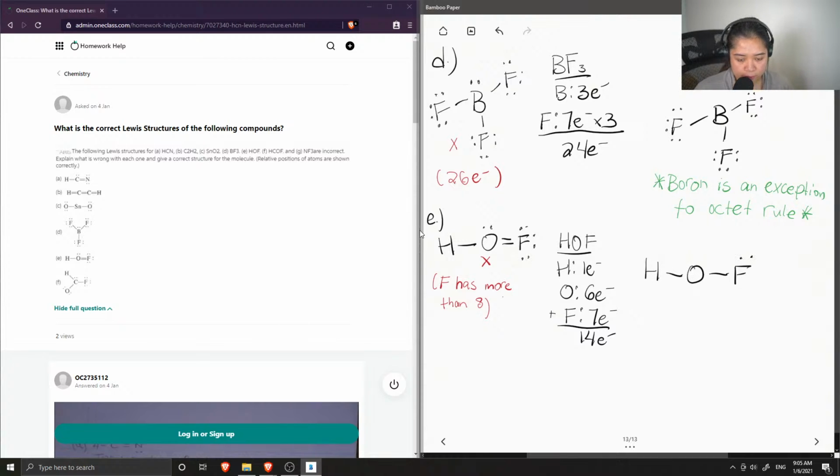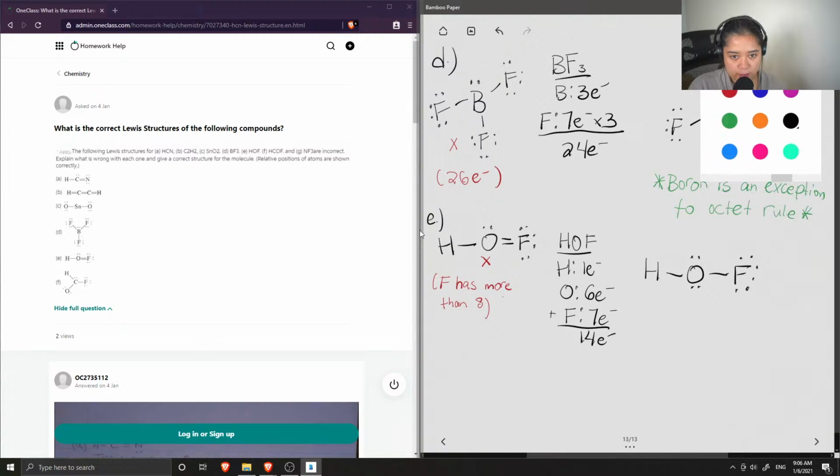Instead of fluorine having the double bond, we are going to keep it as a single bond, and just have 2 pairs of lone pairs on the oxygen, and we should still have 14 valence electrons without the fluorine being oversaturated. Okay, so this is the correct structure.